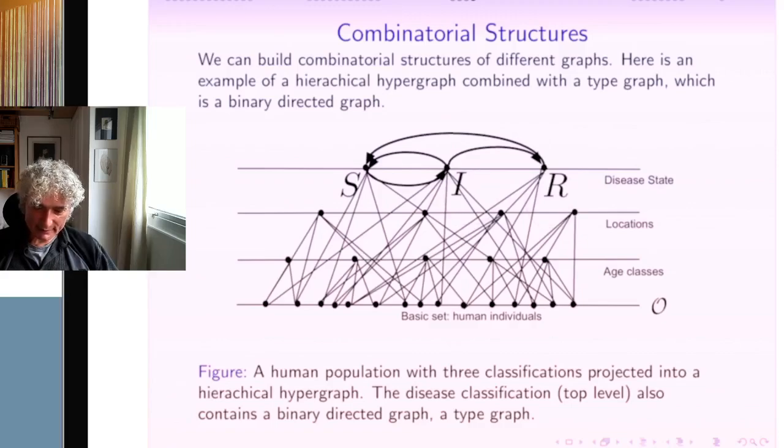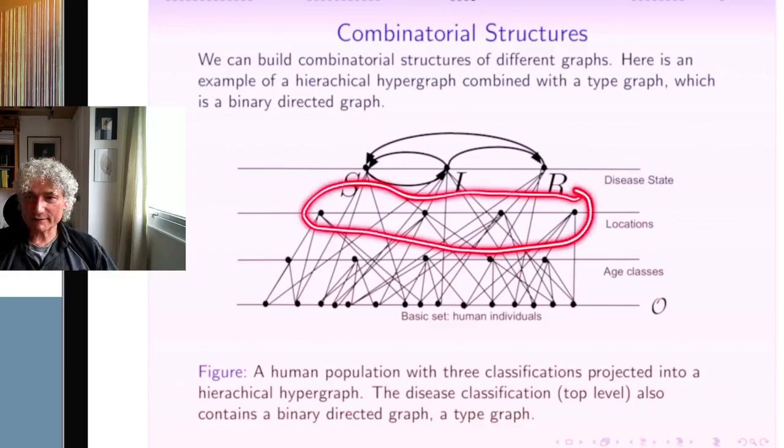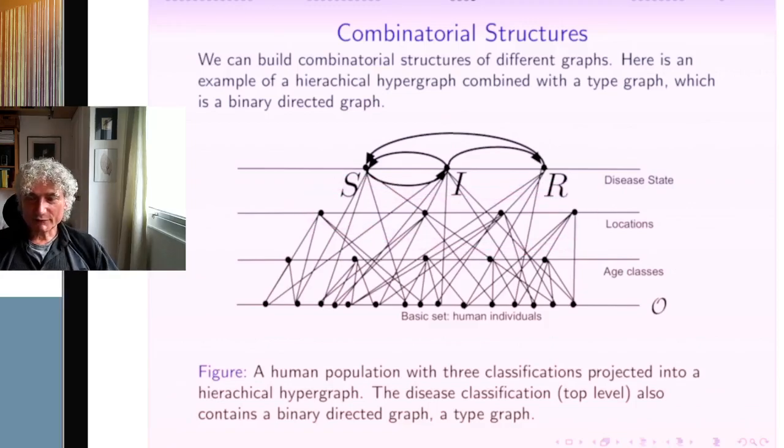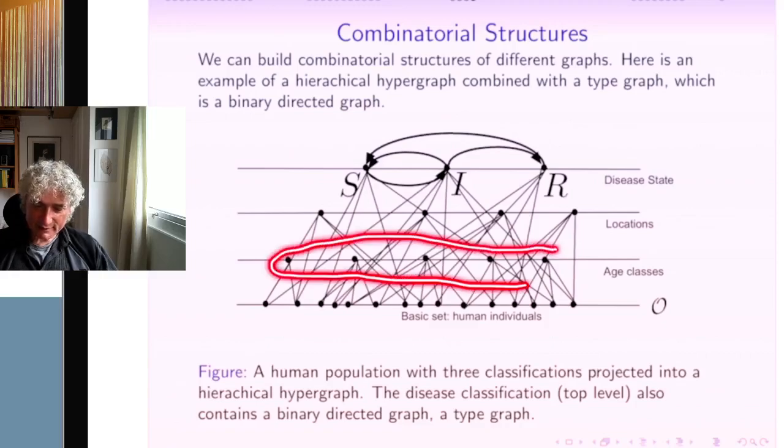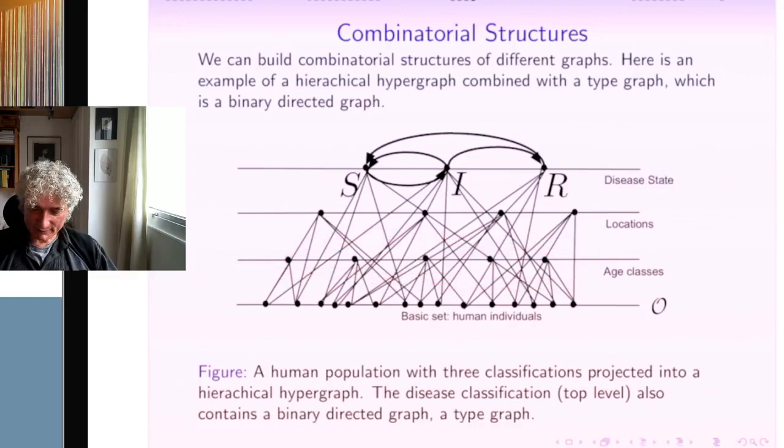So that's why I didn't draw a type graph on that level of the classification, because it doesn't make sense that locations interact with each other, at least not immediately. You can, of course, think about that in your mathematical model. And then we also don't have a direct interaction of the age classes. This only comes in by having these multiple classifications.